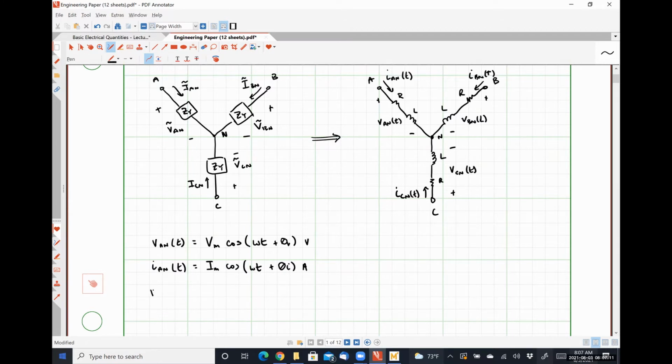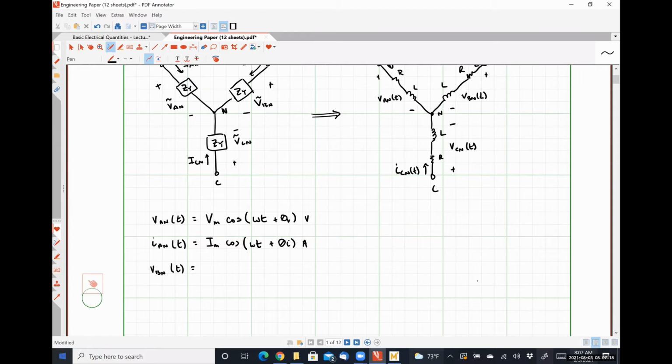Then we could say that VBN, if we have a positive phase sequence, will be the exact same thing as VAN, except with a phase angle of a negative 120 degrees tacked on. So Vm cosine omega t plus theta v minus 120 degrees volts. And our current will follow suit.